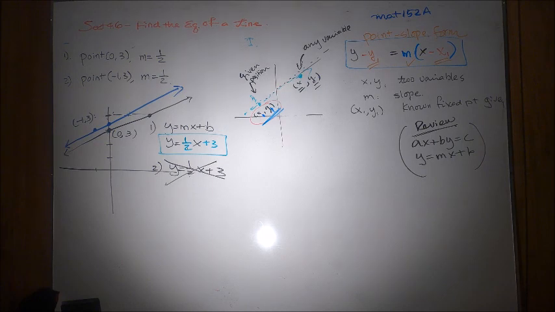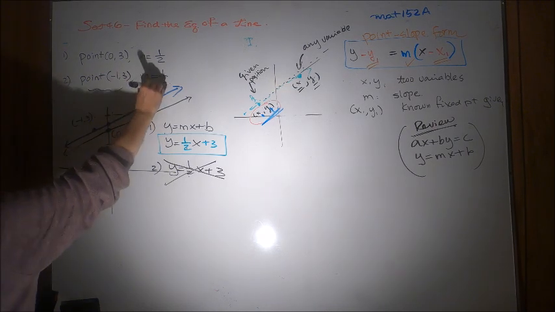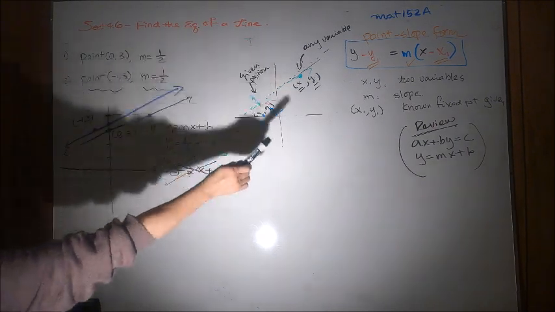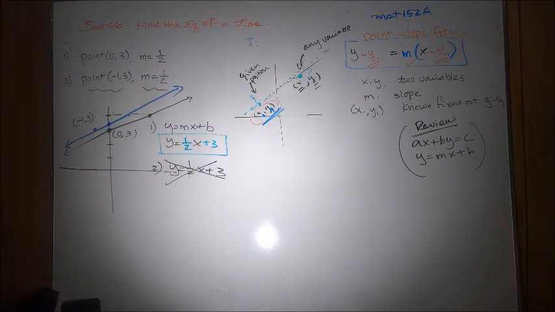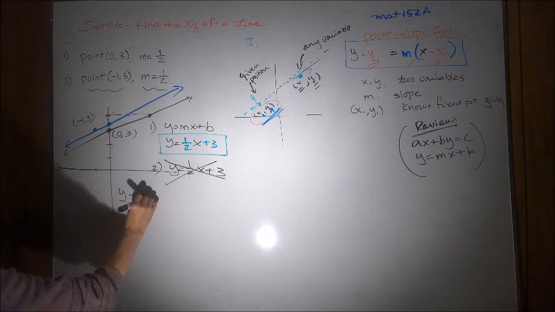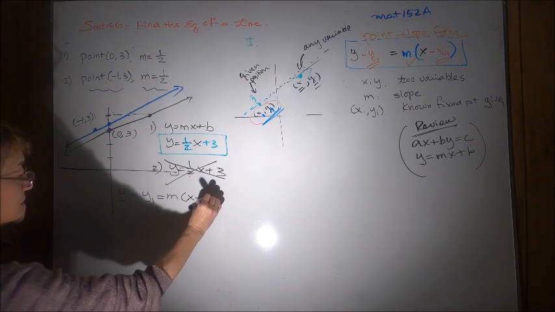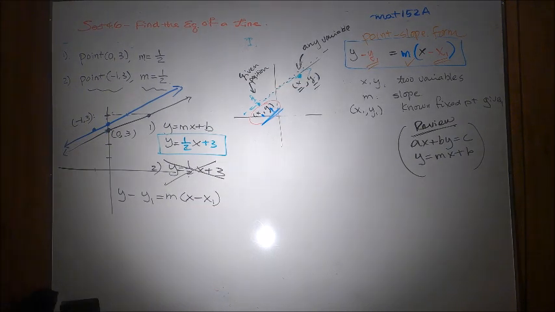So what do you need to do? You have a point given, you have a slope given, so you can use point slope form. So what is point slope saying? y minus y1 equals m times x minus x1, right?